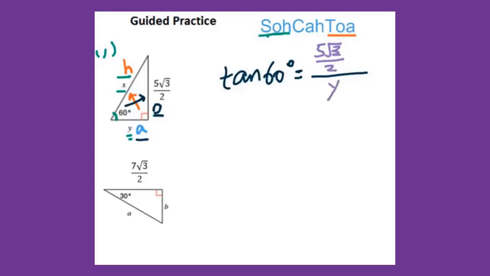We know the tangent 60 will be square root of 3. And on the right side, that's a complex fraction, so I drop these two down to the bottom. Only focus on the denominator. That's how you get 2y as a denominator, then 5 square root of 3.